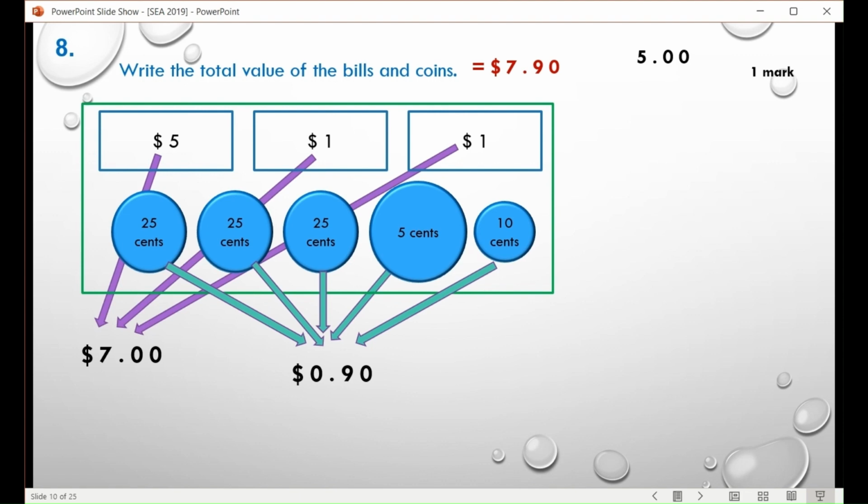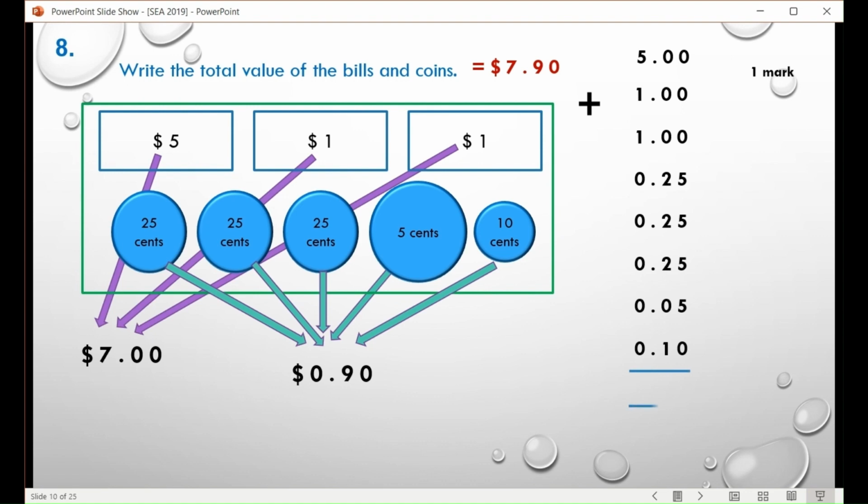Some teachers also show the students to write them down individually. So $5 is 5, putting your point to show that you're moving from $1 bills to cents, and then 2 zeros. And we're adding that $5. We're going to keep adding $1 and another $1 and 0.25 to represent 25 cents. Be careful with the 5 cents.